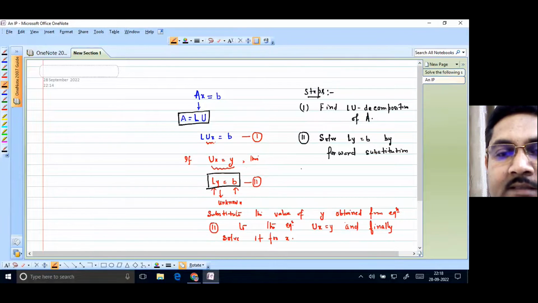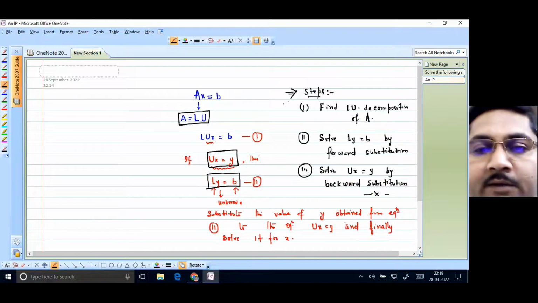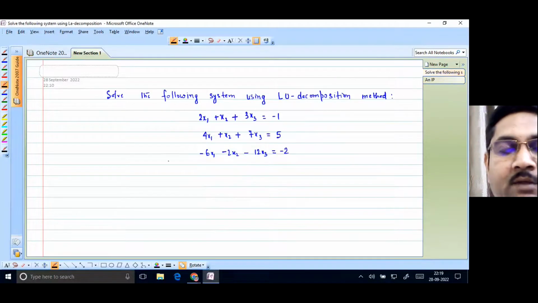And the final step is to solve the equation UX equal to Y by backward substitution to get X. So these three steps are important. We will perform LU decomposition in these three steps. Now let us have a look how we can solve this equation.